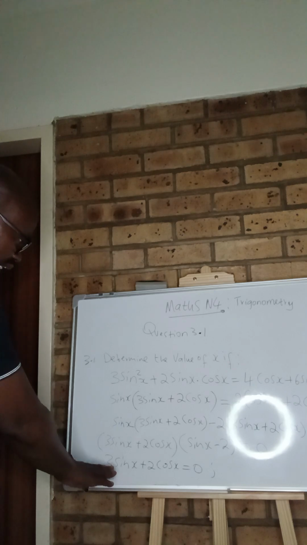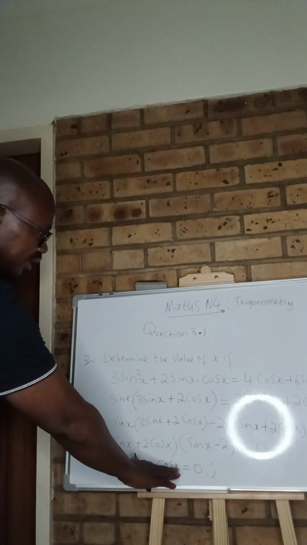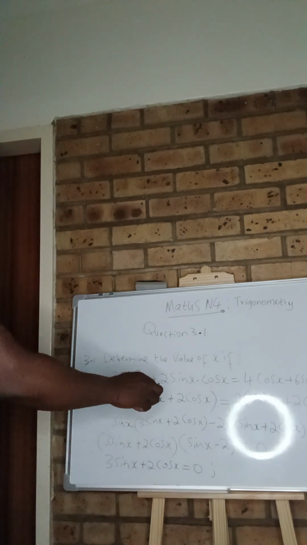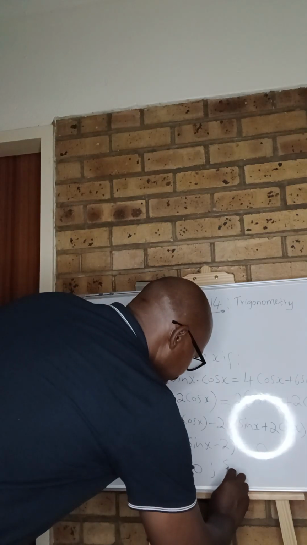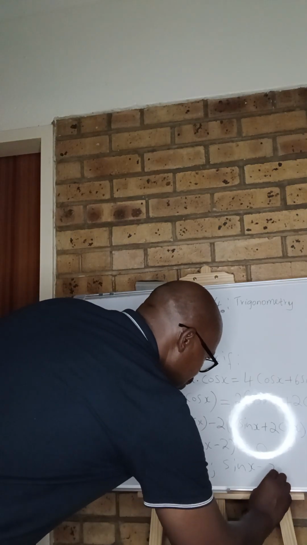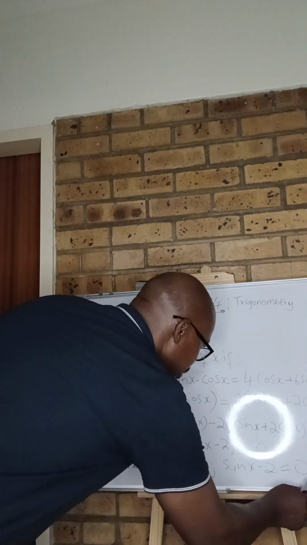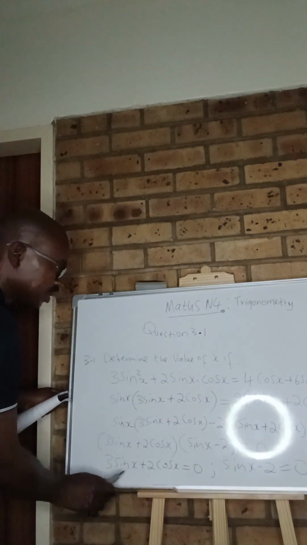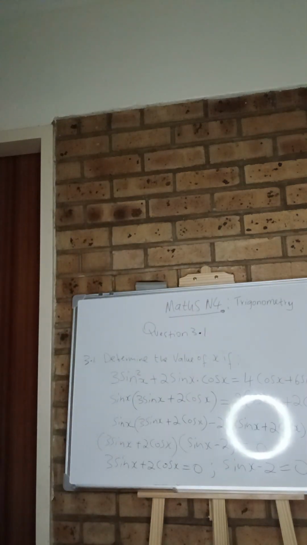We can carry on even from this side: sine x minus 2 is equal to 0. Can you see that one? Hopefully you can see that one. We are still moving forward. This question is worth 5 marks.